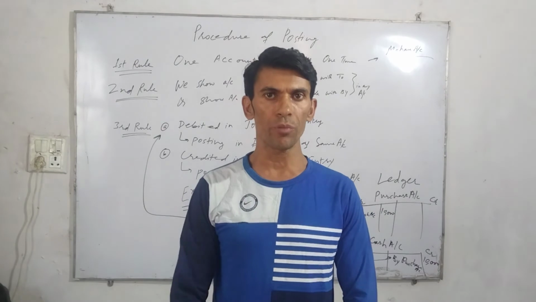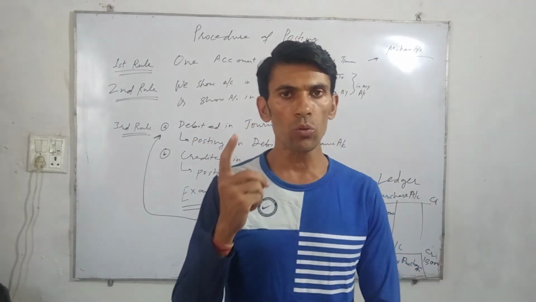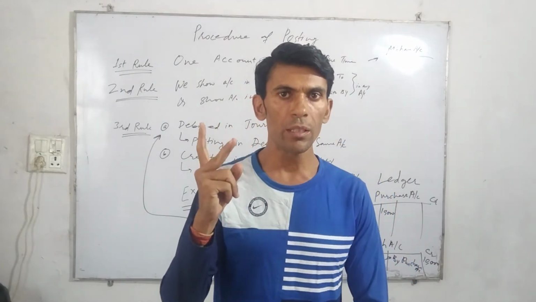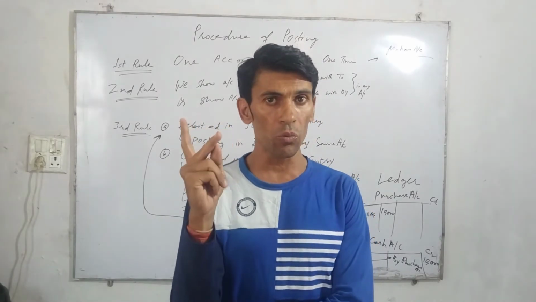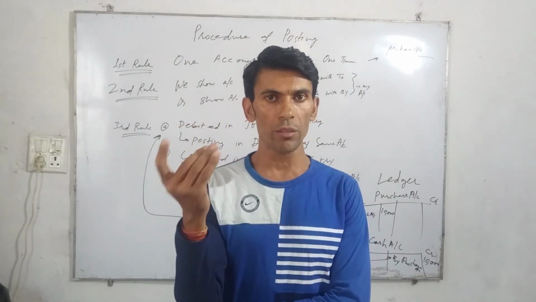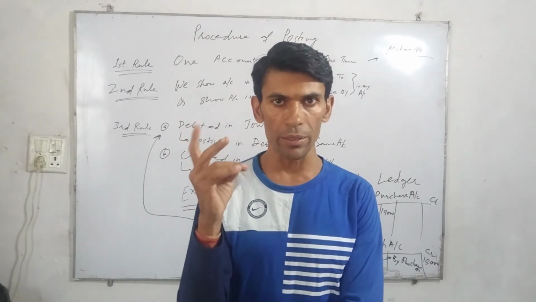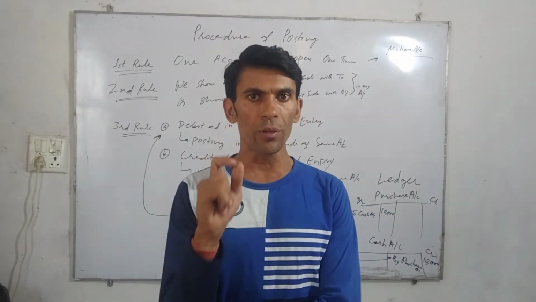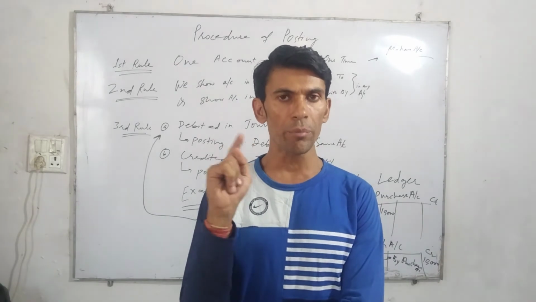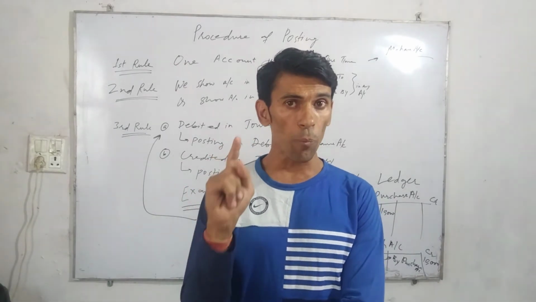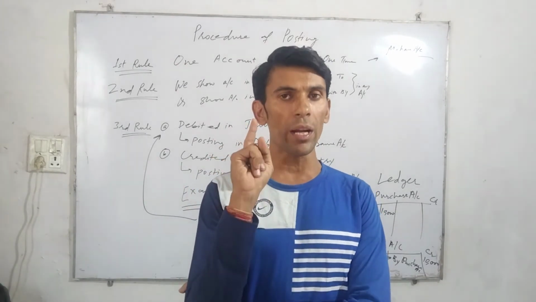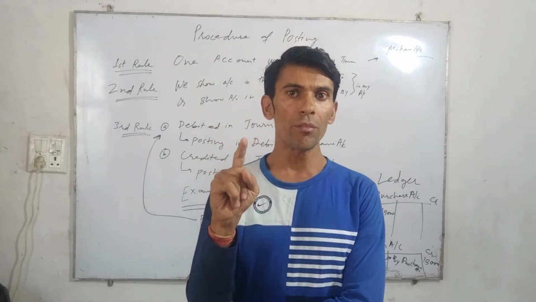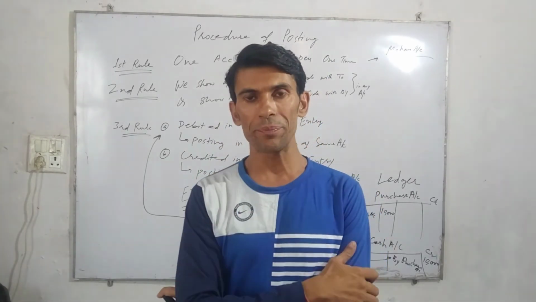Very simple. First rule, one account will open one time. Second, in the debit side of account we start with 'To', in the credit side with 'By'. And third rule is very simple. If any account is debited in the journal entry, we open the same account and in the debit side will be the other account and amount.